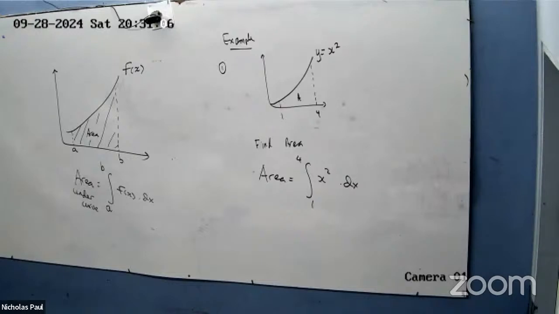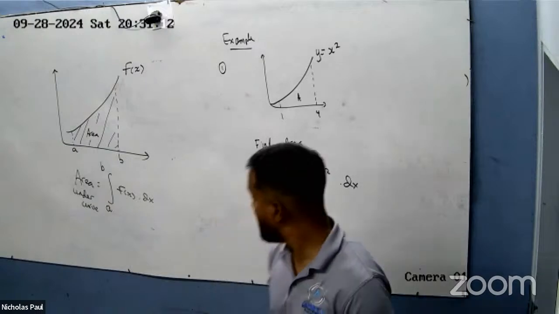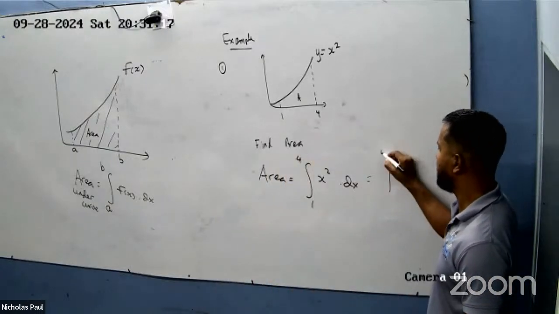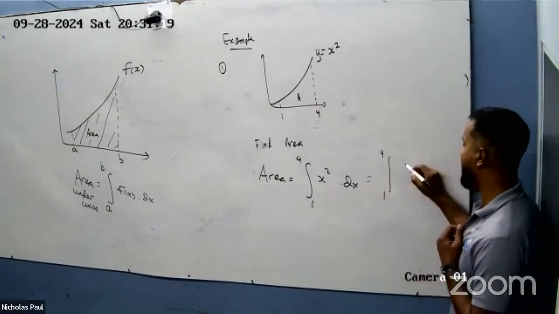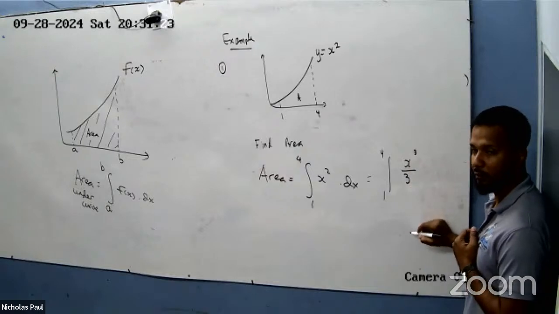And I know plus C. So what we got here? When you integrate x squared, add 1 to the power, divide by the power. That's it.